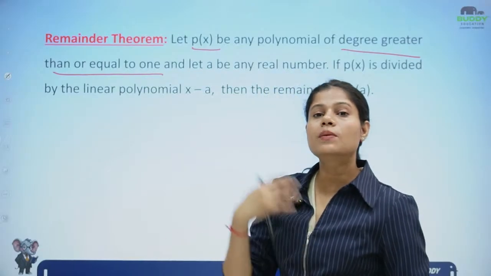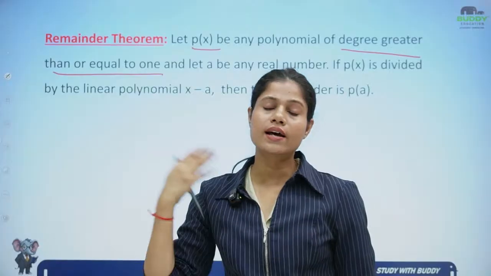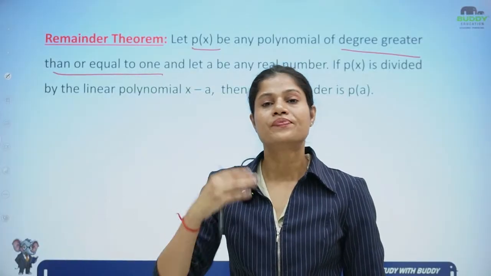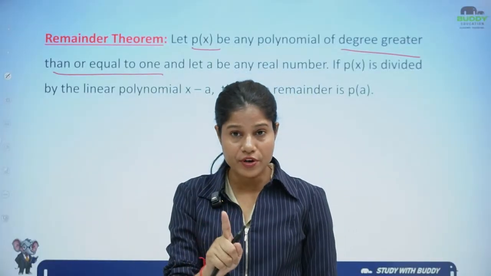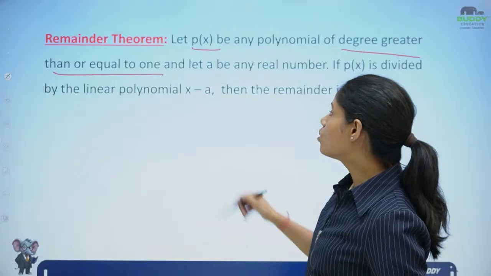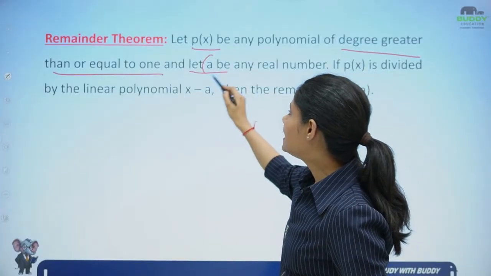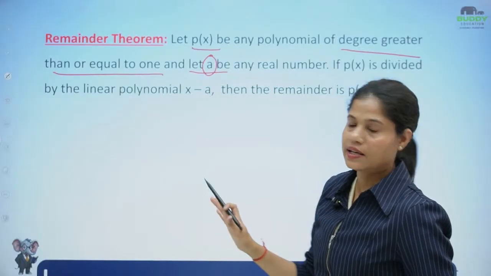So whatever polynomial you are taking, it has degree 1 or greater than 1. This is the first condition in the remainder theorem, right? Then if it is so, let a be any real number. All right, then let's consider any real number.